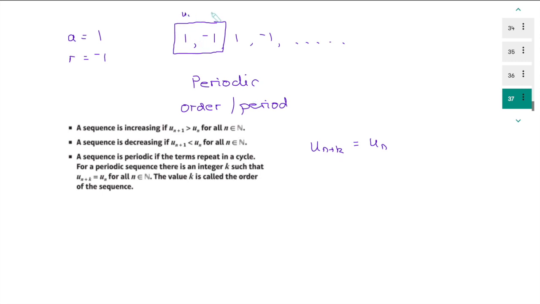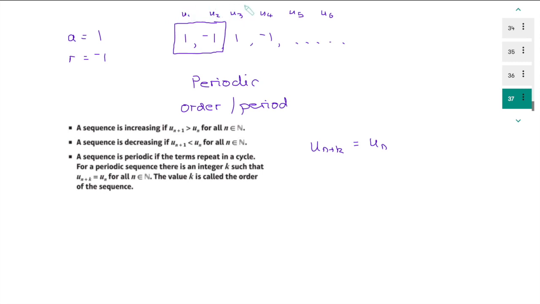So let's think about this one. So this was u1, u2, u3, u4. Okay, so here we can say, well, u3 is u1, u4 is u2, and so on and so on. So we can always then say that u5 is the same as u3 and u6 is the same as u4 because our cycle is a cycle of 2.